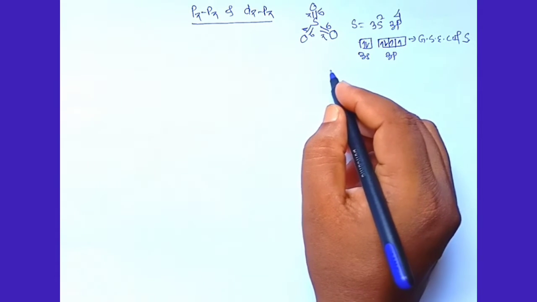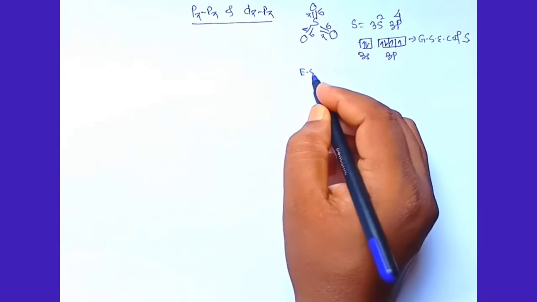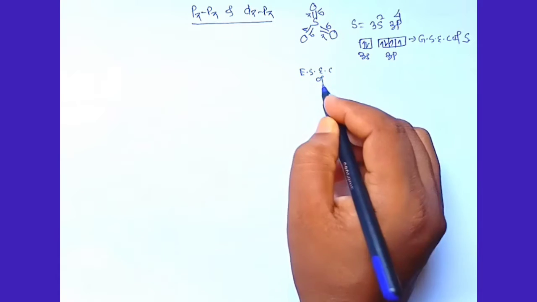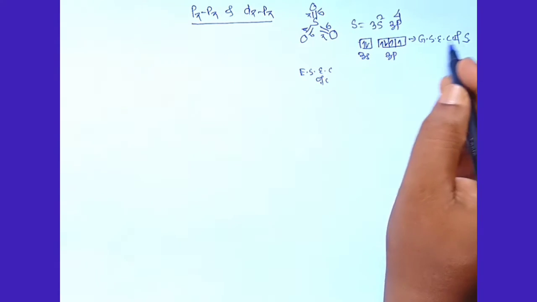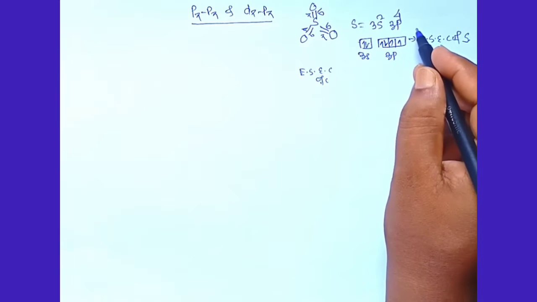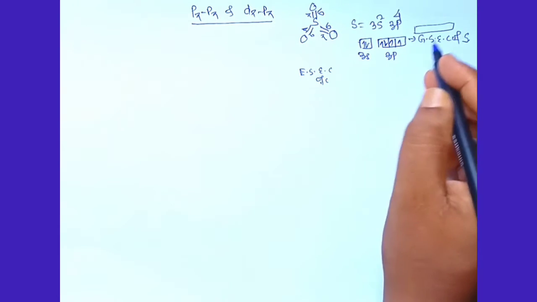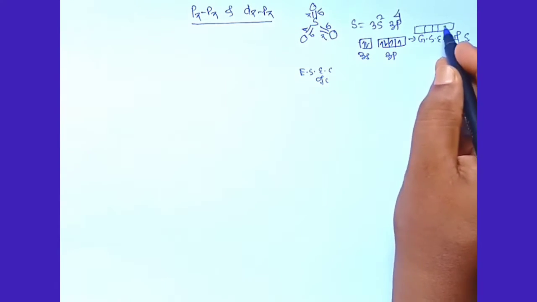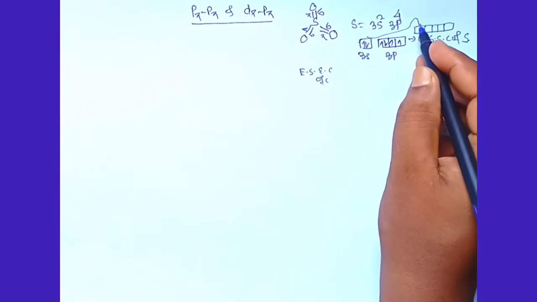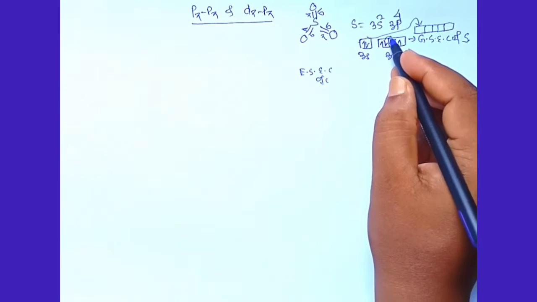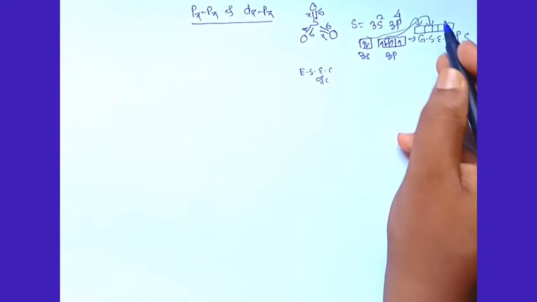Now we will write the excited state electronic configuration of sulfur. 3s has 3d empty orbitals. So from 3s 1 electron will jump to the 3d, and from 3p 1 electron will jump to the 3d.